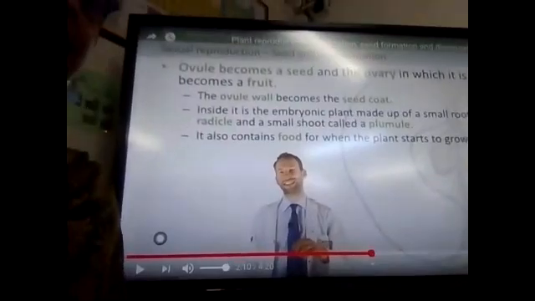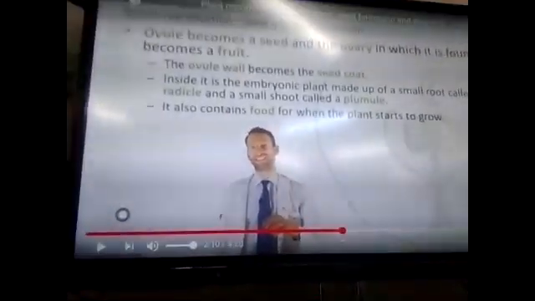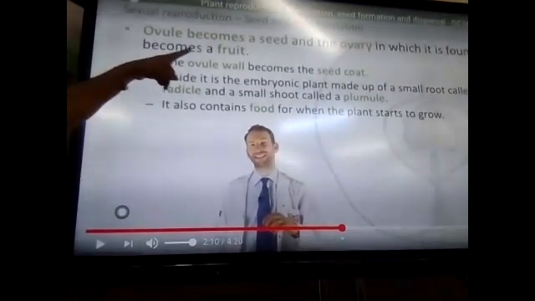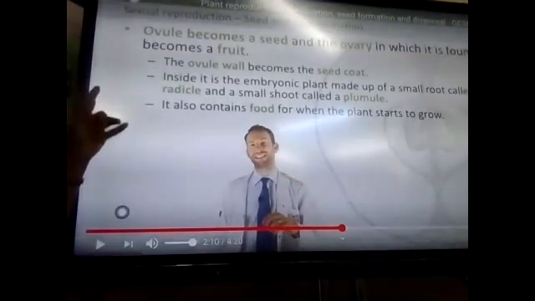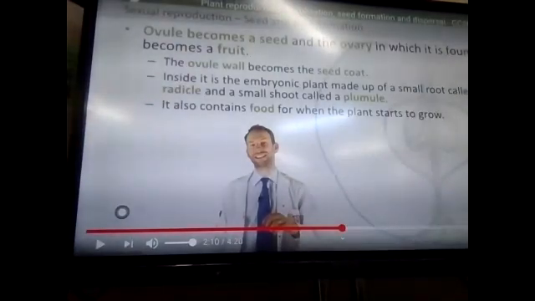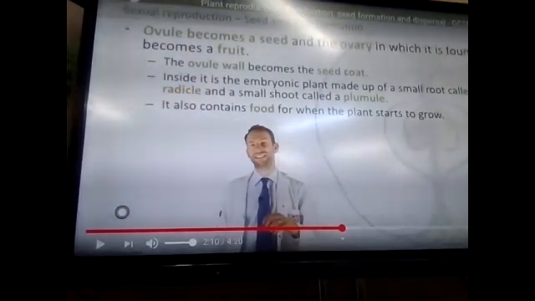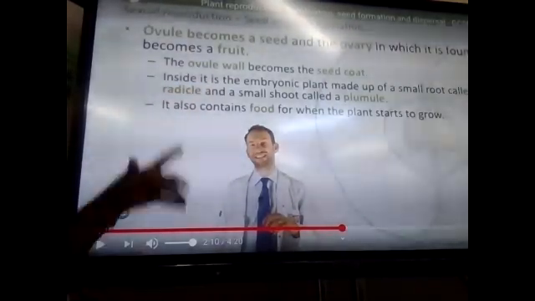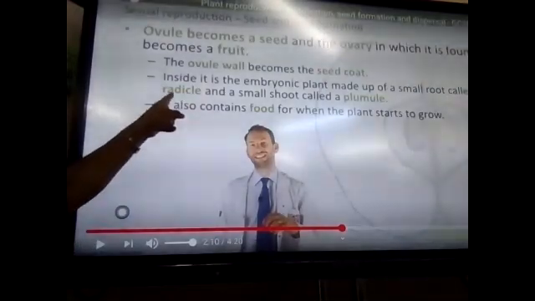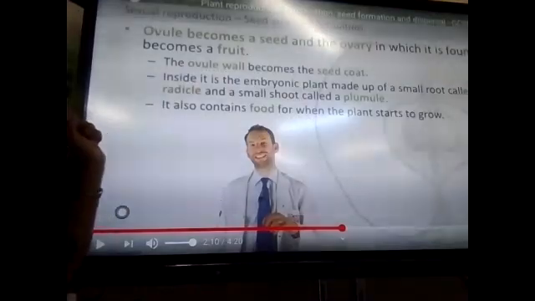So now, you can see it. Ovule becomes a seed and the ovary in which it is found becomes a fruit. The ovule wall becomes the seed coat and inside it is the embryonic plant made up of a small root called the radicle and a small shoot called the plumule.